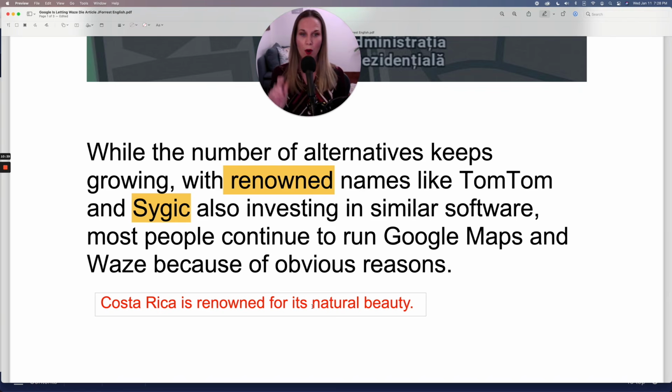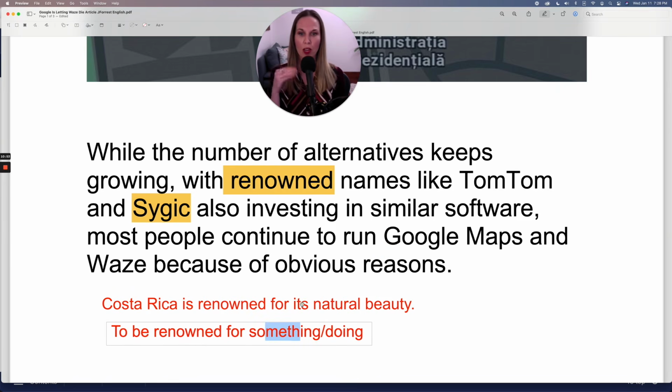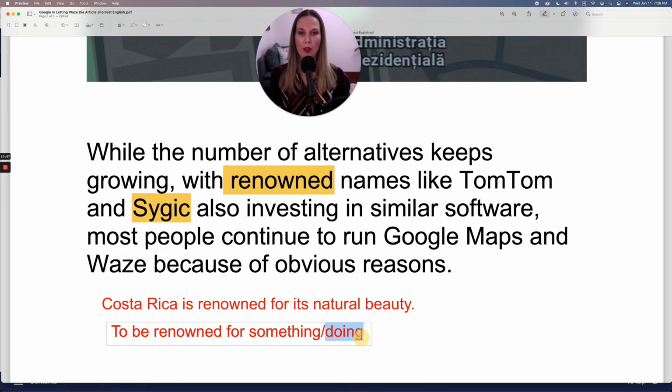Renowned for. So the sentence structure here is to be renowned for something. Now, if something is a noun, so here my noun is its natural beauty. If you have a verb, your verb is in the gerund form, so doing something.